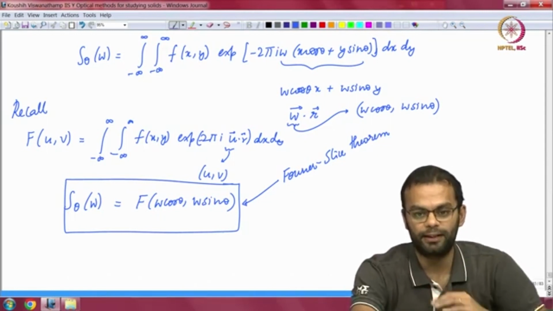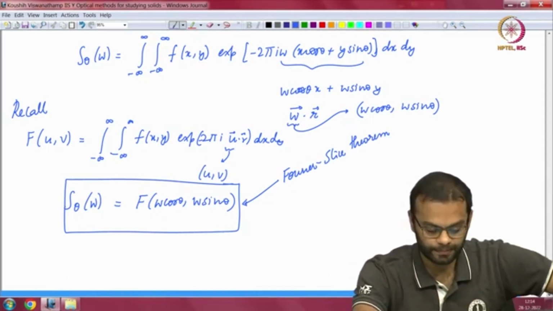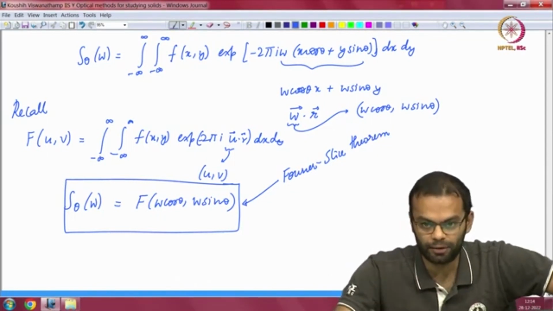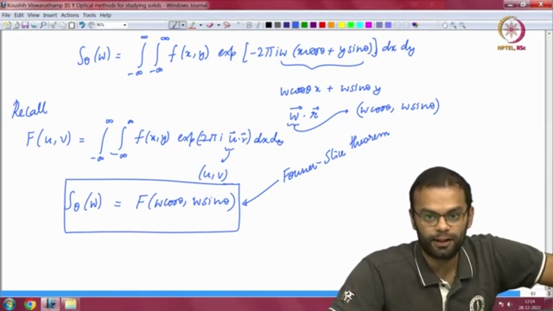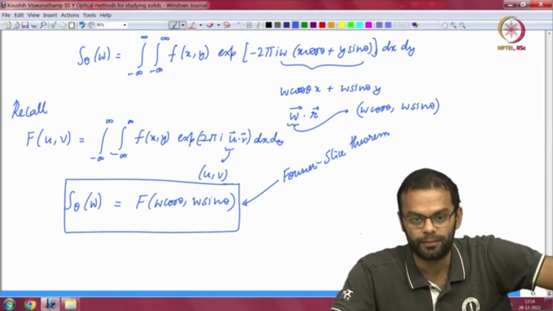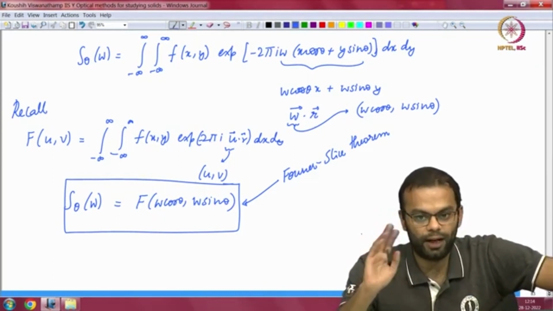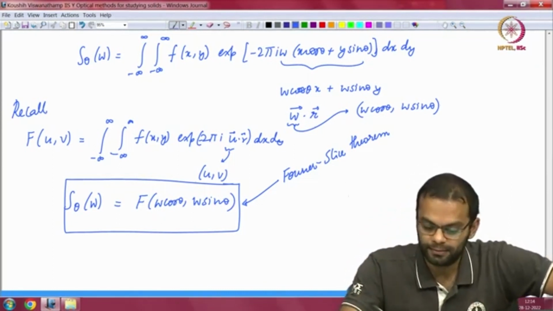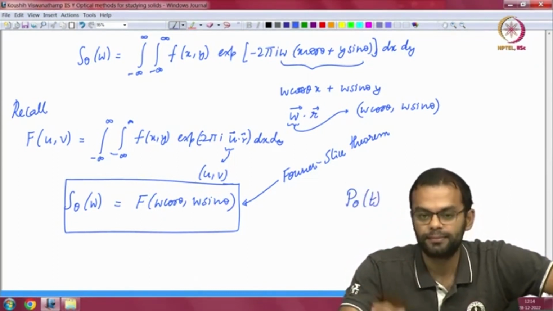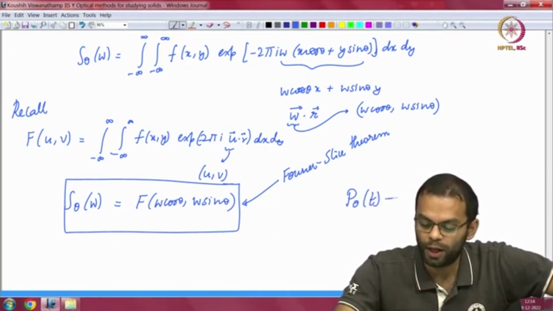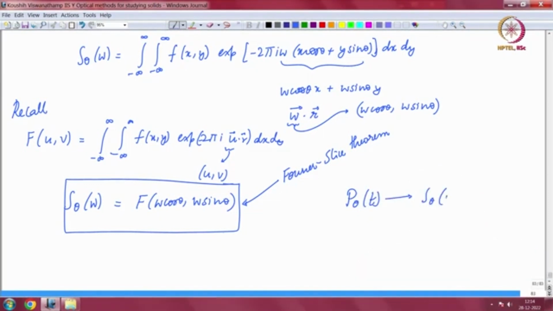So, let us step back a little bit and think about what this means. Up until this point, we have only done algebra, we have not really discussed what it geometrically means. You have a projection p theta of t. You take its 1D Fourier transform and you get a value s theta of w. This projection, remember, is taken at an angle.